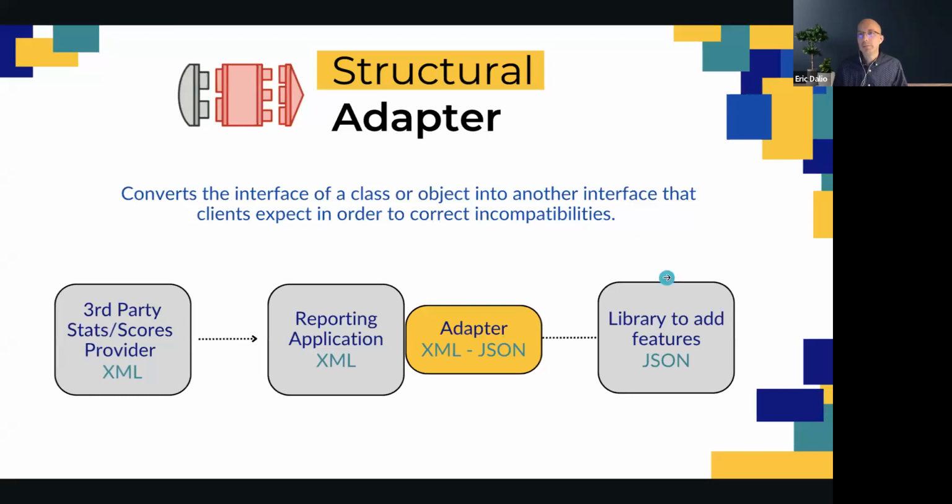But then we want to add some features, and the features library we choose works with JSON. So instead of rewriting code or refactoring our original application, maybe causing headaches and things to break, we can think about an adapter pattern that will make this connection.